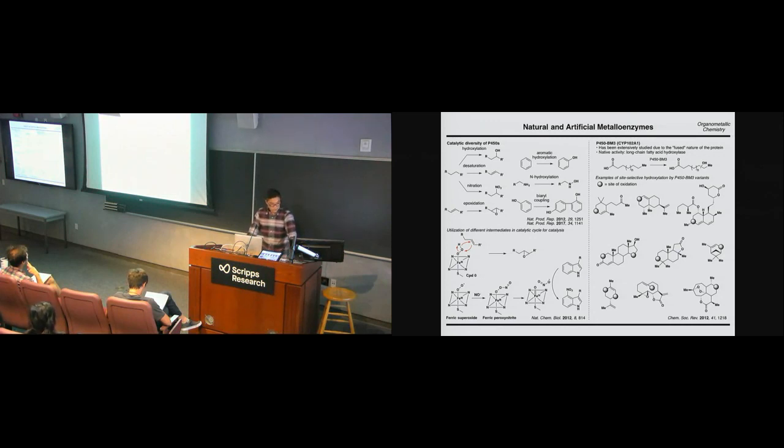P450BM3 is probably the most extensively studied member of the P450s, mainly due to the fused nature of the enzyme. So the FAD and FMN domain are fused together with the heme domain, and this makes it a lot easier to work with.